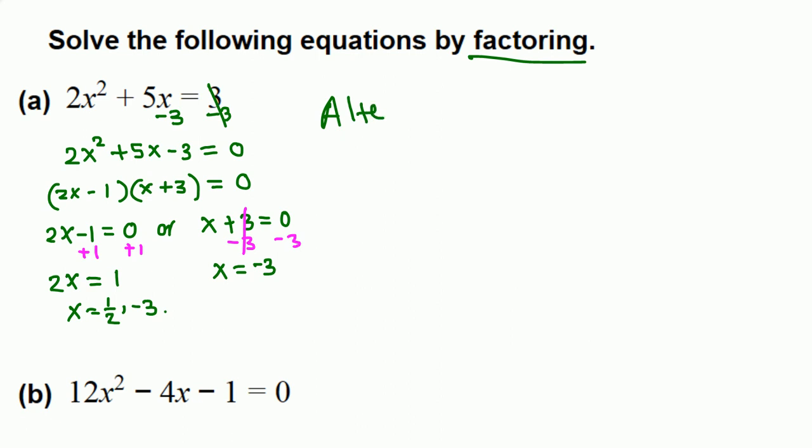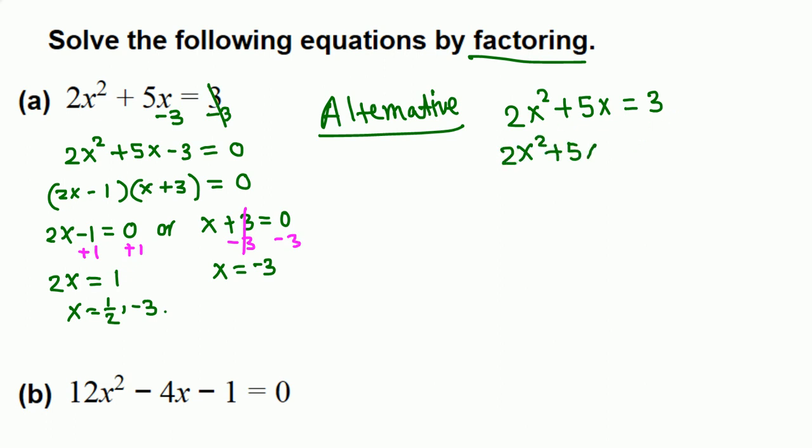Alternatively, there is a shortcut way to do this type of problem when the leading coefficient is not 1. We are trying to solve 2x squared plus 5x equals 3. In any case, we need to bring 3 to the left side, so subtract 3 from both sides: 2x squared plus 5x minus 3 equals 0.